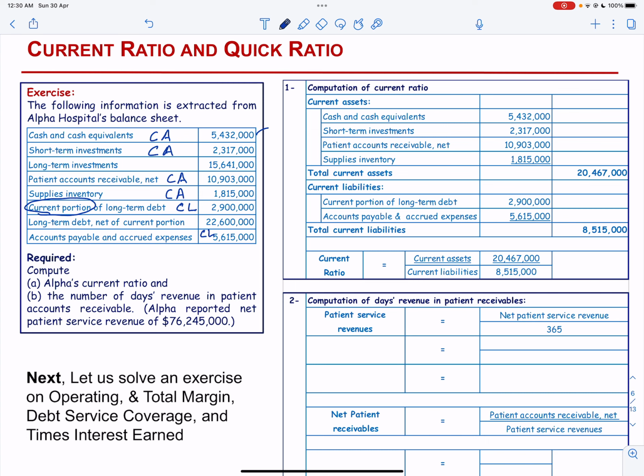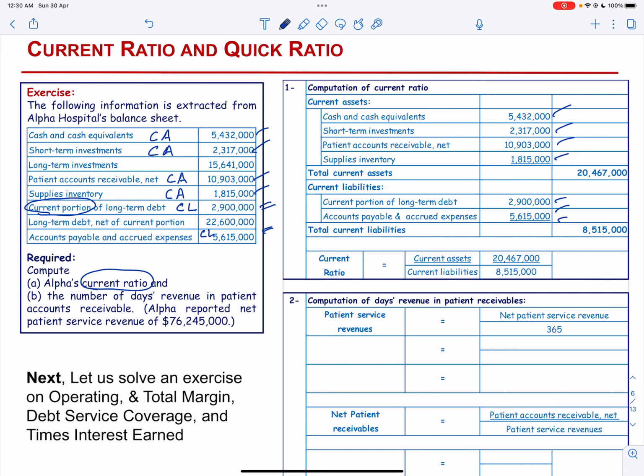So we have cash and cash equivalent, short-term investments, patient accounts receivable, and the supplies, and the total current assets is 20,467,000. Then we have the current liabilities, where we have the current portion of long-term debt and accounts payable. So the total is 8,515,000.